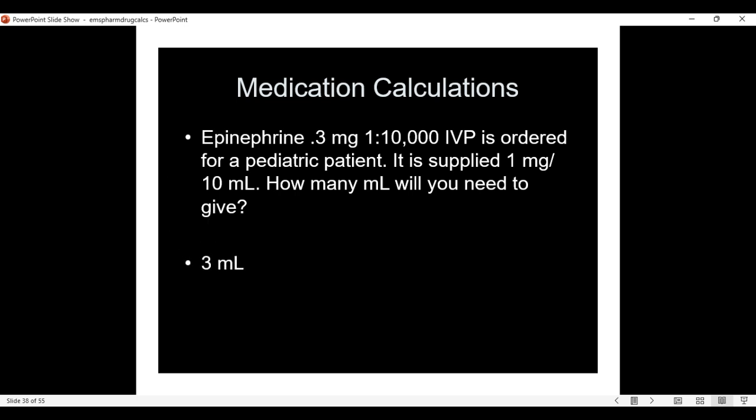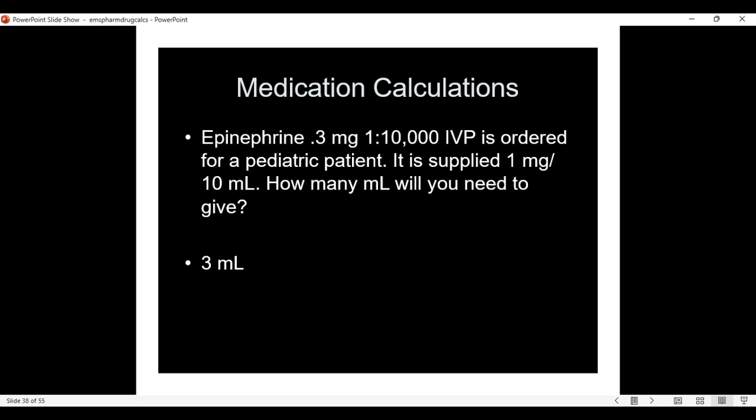So we're going to give 3 mLs, right? So how did I figure that? We're going to divide 1 by 10, right? So let's do this together. We're going to divide 1 divided by 10 equals 0.1. So I got 0.1 milligrams in each ml, and I need 0.3.